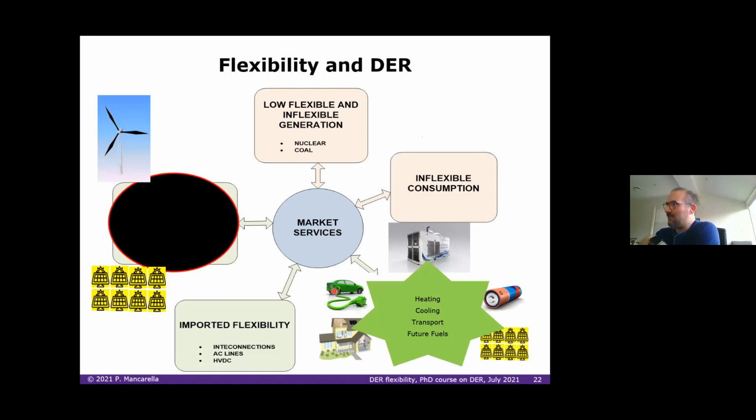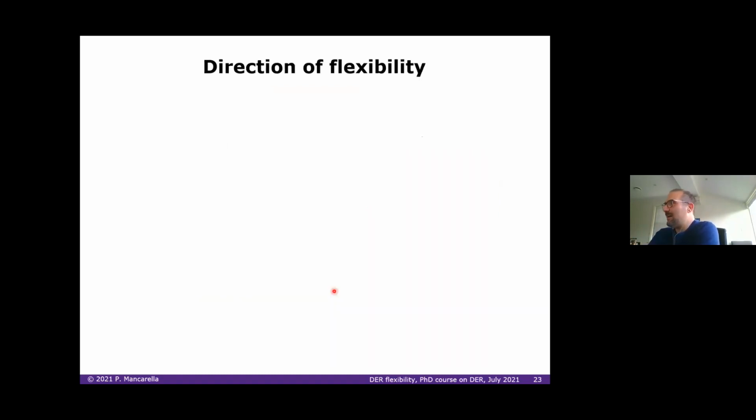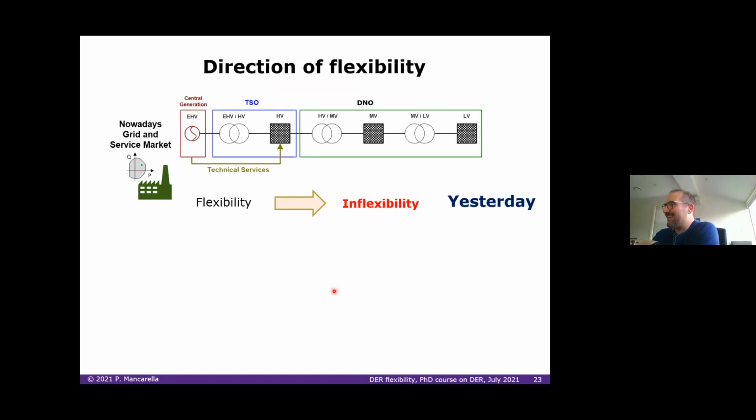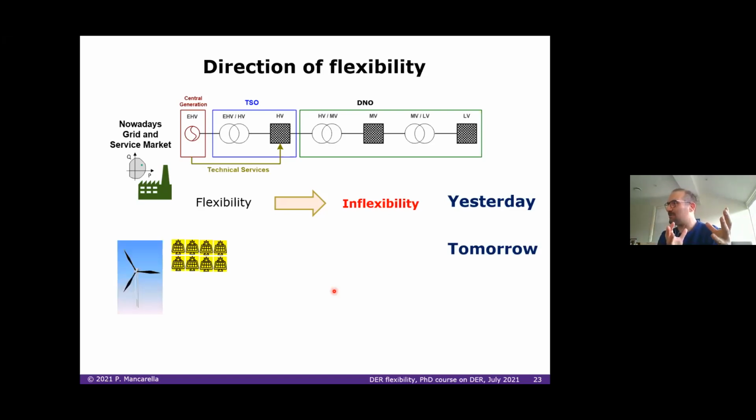So that when you look at flexibility with DR, you also start looking at flexibility in a completely different way, also in terms of architecture, because flexibility before was coming from the transmission system to the distribution system, whereas tomorrow, with more and more large-scale resources requiring flexibility... Before, the transmission system was providing flexibility, and flexibility was needed by a demand that would change, so predict and provide.